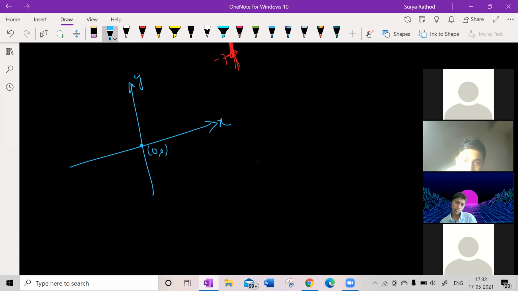For 3, 0, the x-axis value will be 3 here. So 3, 0 will be here, and 3, 4 will be here. X is 3 and y is 4, so 3, 4 will be here somewhere. Here let me write 1, 2, 3, 4. Let me write here also. One second, guys.